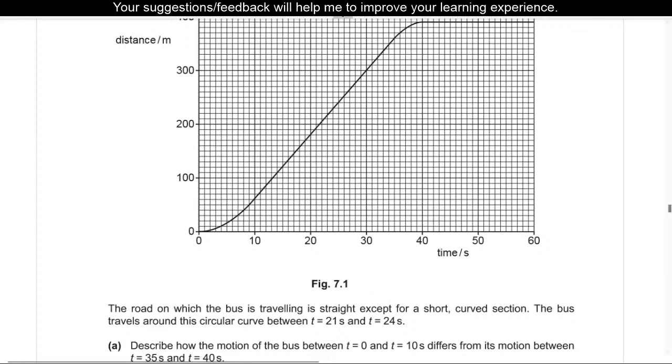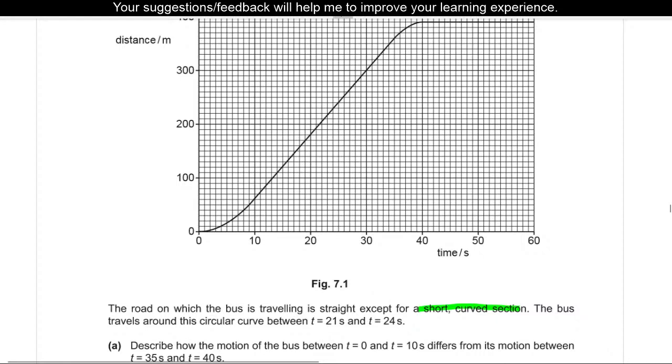Next it says the road on which the bus is traveling is straight except for a short curved section. So all the road is straight except for a short curved section. There comes a short curved section in its way.